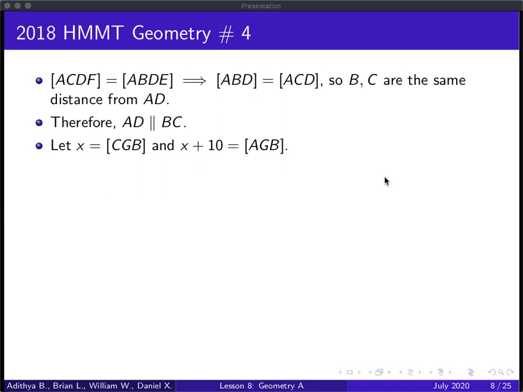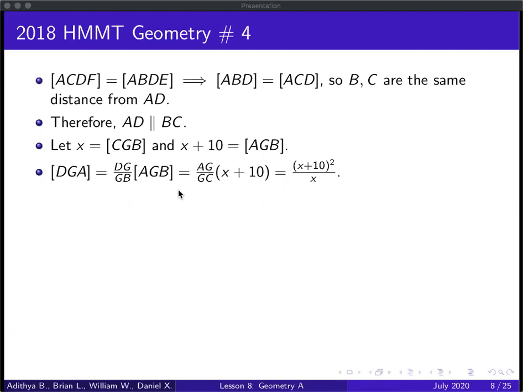So we can find the ratio of their areas, because the ratio of their areas is just the ratio of their bases. What this means is that the area of DGA is DG over GB times the area of AGB.